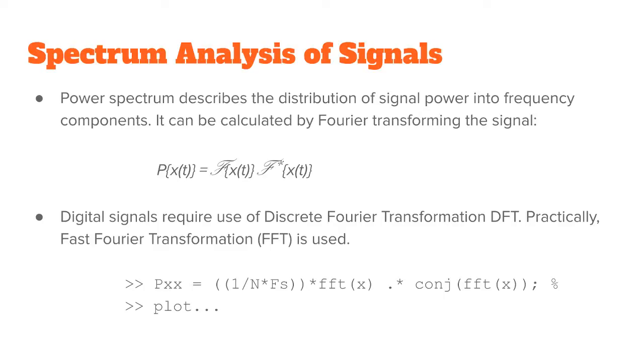The fast Fourier transformation works only if the number of samples is 2 to the power of some integer. So 2024 is okay, 4096 is okay, 8192 is okay, but 193 is not okay.